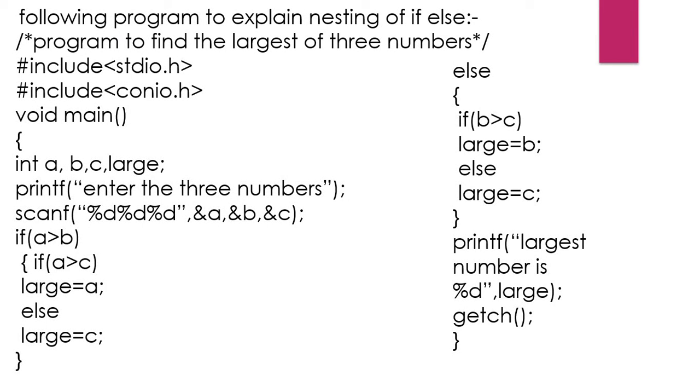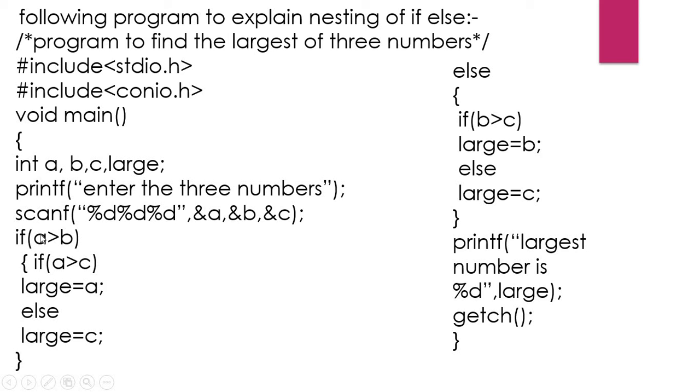This is a simple program following the nesting of if else. This finds the largest number among three. Three different variables are used and one more variable is used to store the largest number. It allows the user to enter three different numbers.